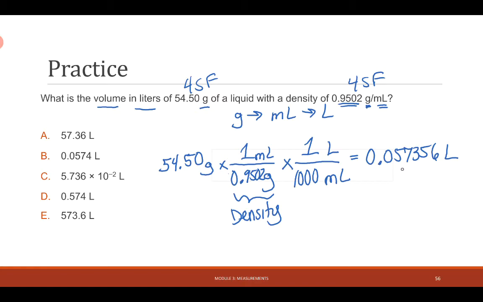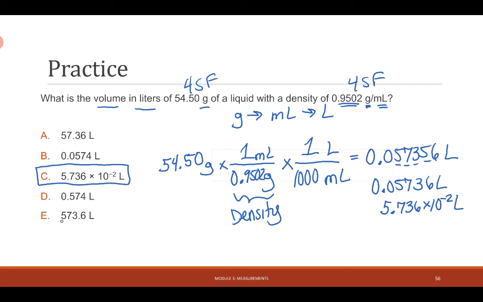So I really should have 4 sig figs. And so this is 0.0573, round up 6 liters. And then I could write that in scientific notation. And that matches option C. This has wrong sig figs.